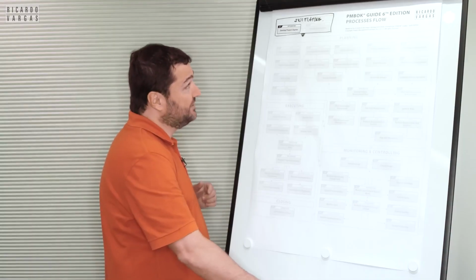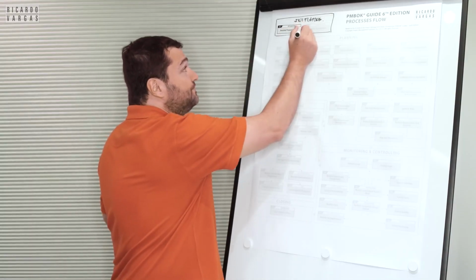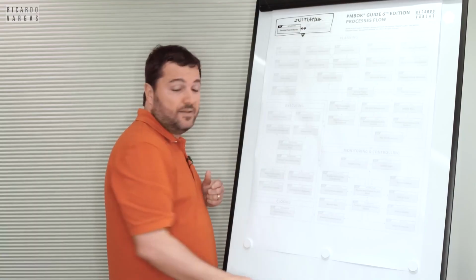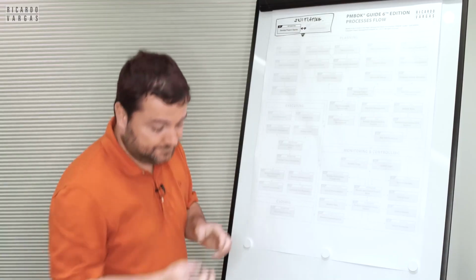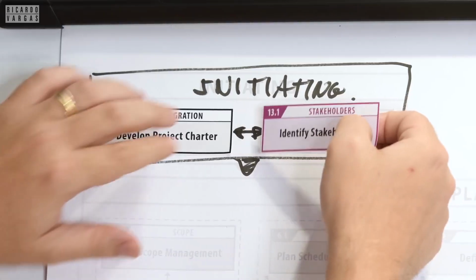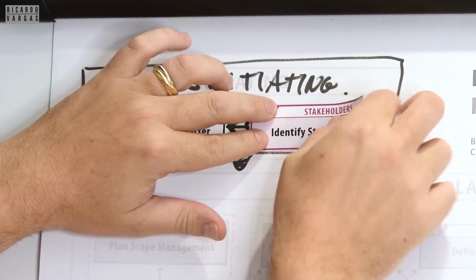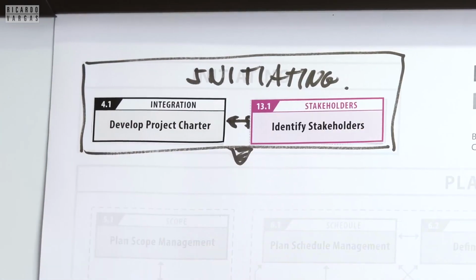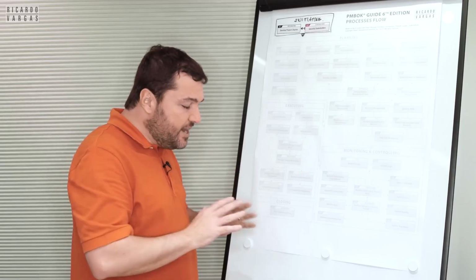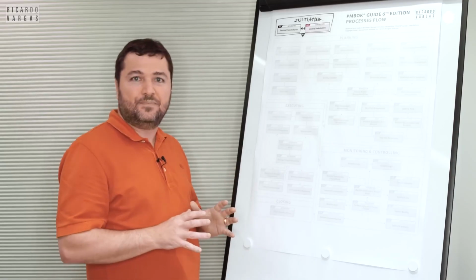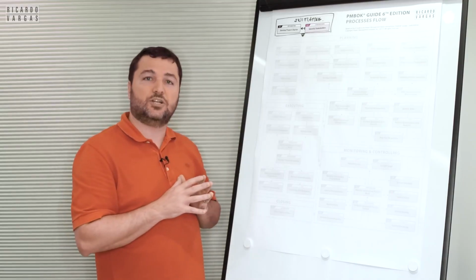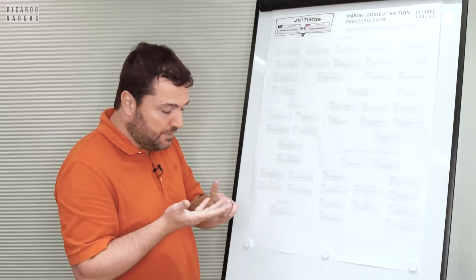In parallel to that, you do the stakeholder process, which is to identify stakeholders. Let me explain this. What is a stakeholder? A stakeholder is any person or entity that has any kind of interest in your project, maybe positive, maybe negative.